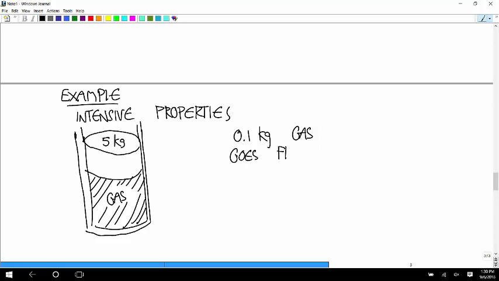And it goes from a specific volume, v1, so that's a lowercase v, of 0.5 cubic meters per kilogram, to a specific volume, v2, of 0.3 cubic meters per kilogram.